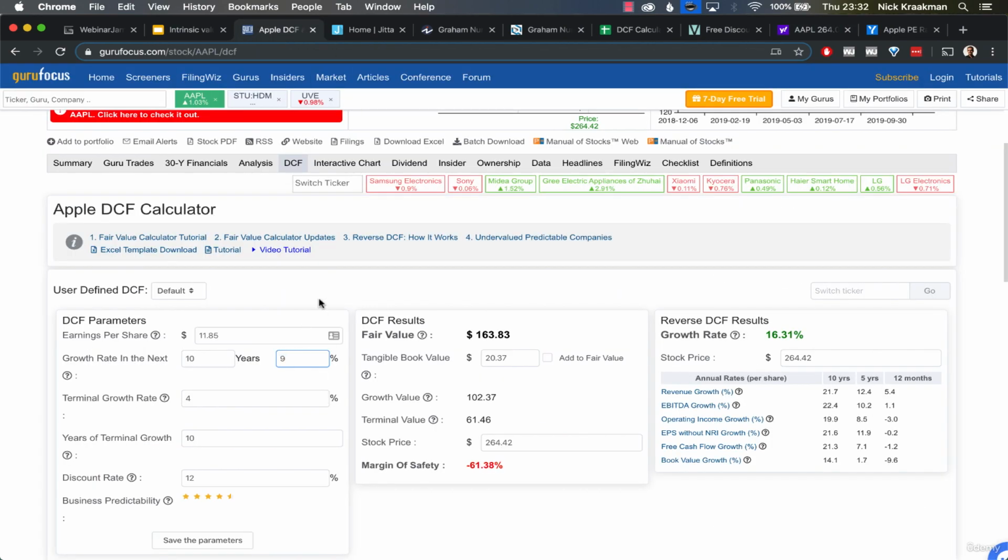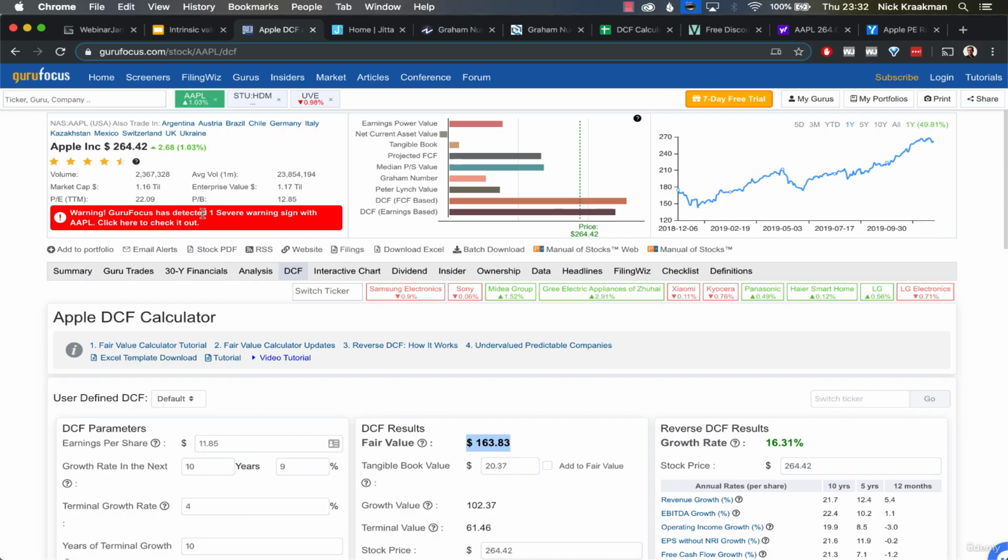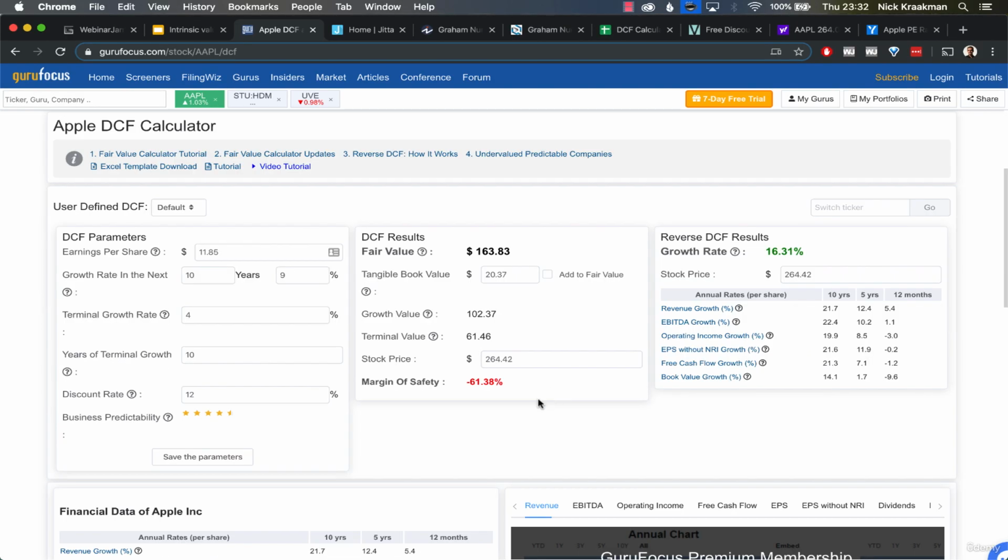So we fill in 9, and we see then that the value changes to $163. That is what they estimate based on this discounted cash flow model. This is the intrinsic value estimate for Apple, and as you can see, that's way lower than the current share price, which means that Apple is 61% too expensive at the moment, according to this model.